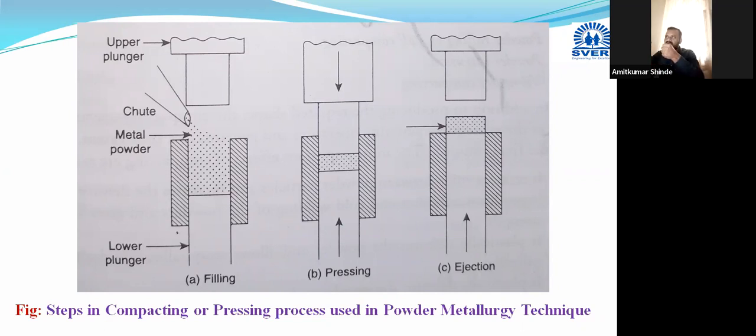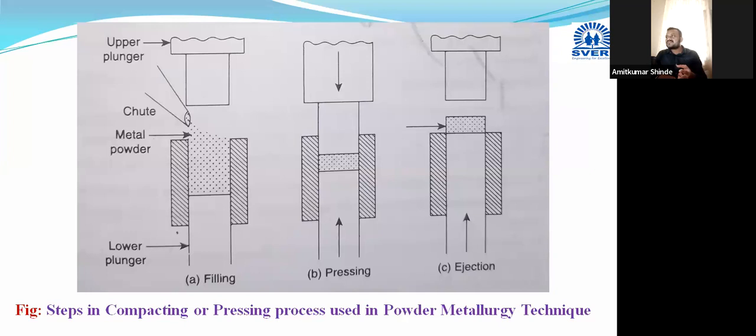This is one powder particle, this is another powder particle, they will get joined. Due to this, the strength of that component is increased. So in the first stage, voids and porosity are decreased, and due to that, density is improved.